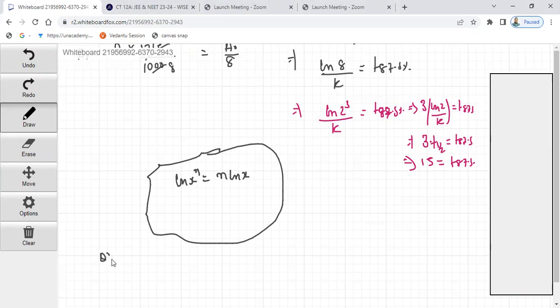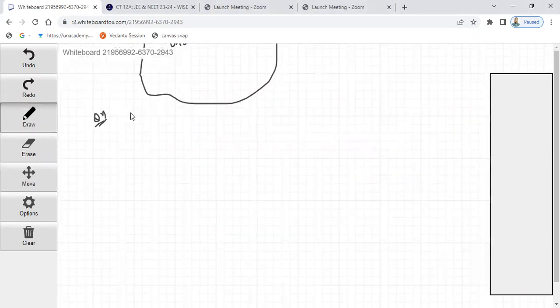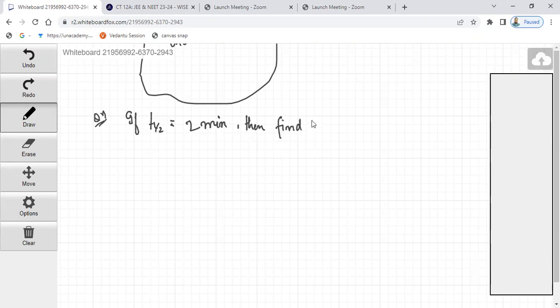I am giving you one more question. If the t half value is equal to 2 minutes, find the time taken for 75% completion.